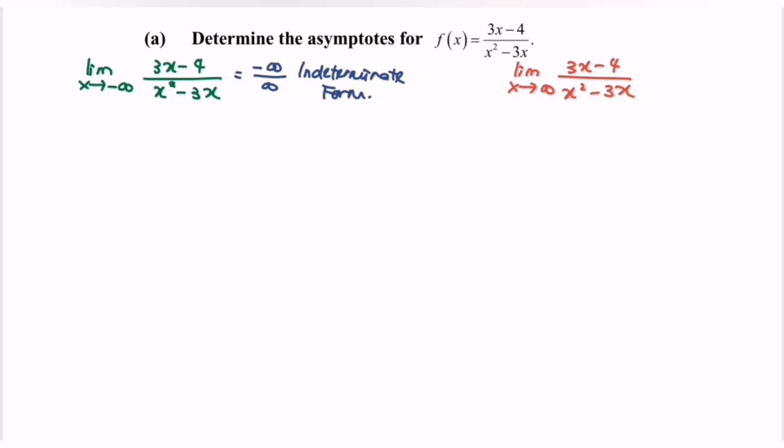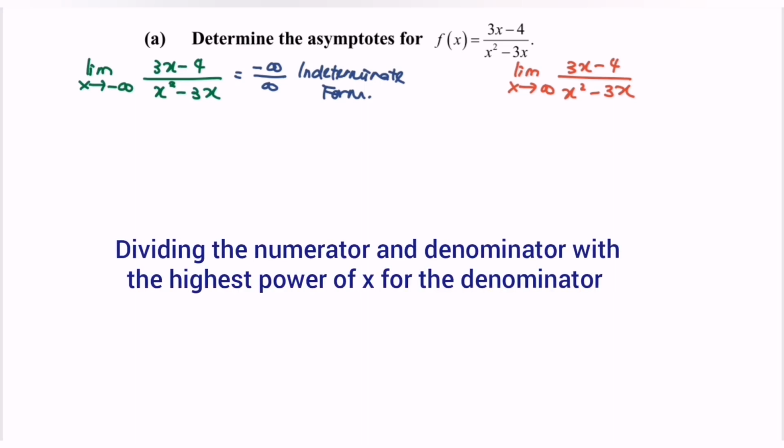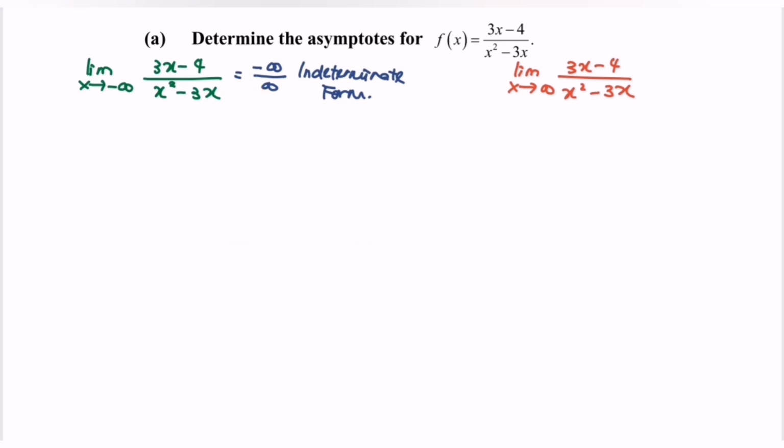My suggestion for this situation is dividing the numerator and the denominator by the highest power of x in the denominator. Referring to the denominator, the highest power is x squared. So we need to factor out x squared from the numerator and also the denominator.